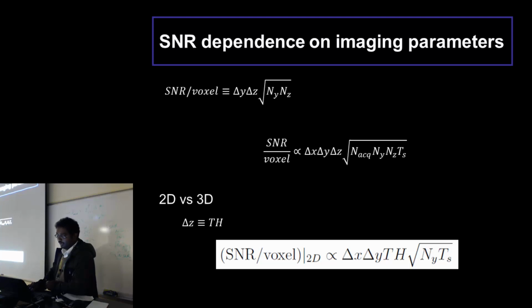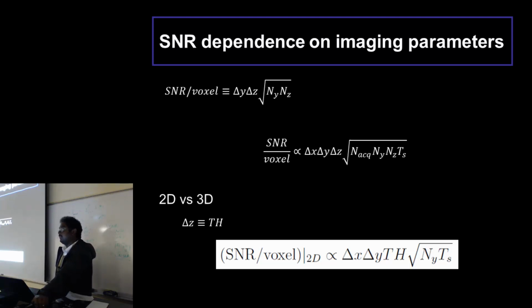Now if you just look at the SNR per voxel along the phase encoding direction, it's basically dependent on the number of sample points that you are sampling. Again, in this case, you can change your field of view or voxel size, or the number of sampling points to change your SNR per voxel, per unit voxel in your phase encoding direction.